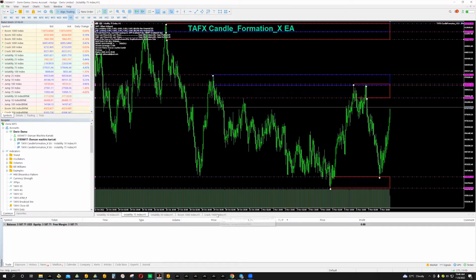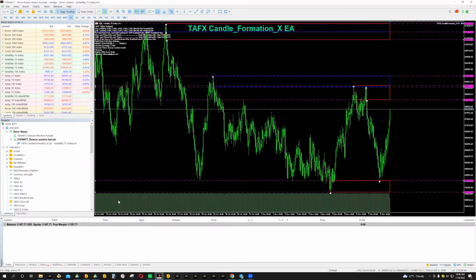The other thing you can do is close the others. You can let all the EAs be true, but close all other indexes and leave only V75 being true, so that the EA can be running or controlling the running trades.